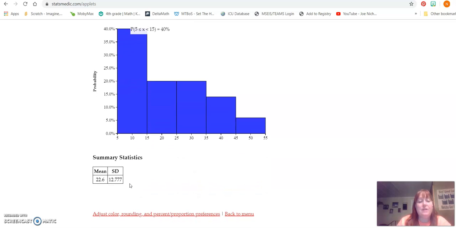So the summary tells us what is my mean, my average score. My mean score is 22.6, and my standard deviation is 12.777, which means that on average, the values that I throw are within 12.77 of 22.6. So on either side of that.